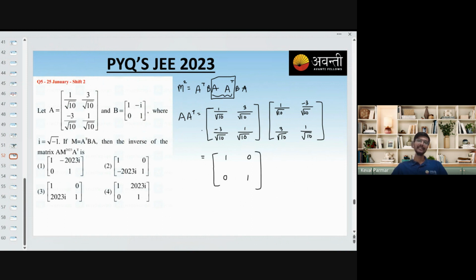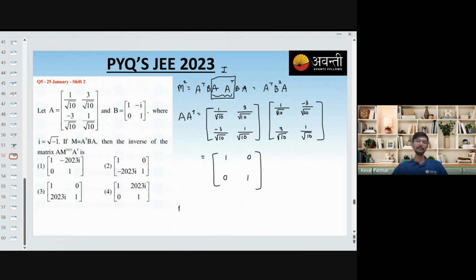So basically, A into A transpose is an identity matrix. So that means M square will be equal to A transpose B into B, B square into A.